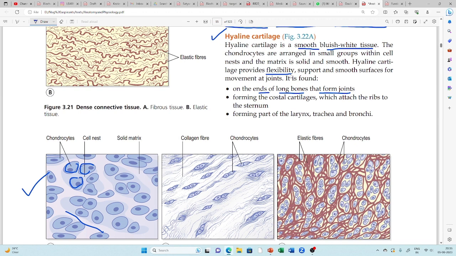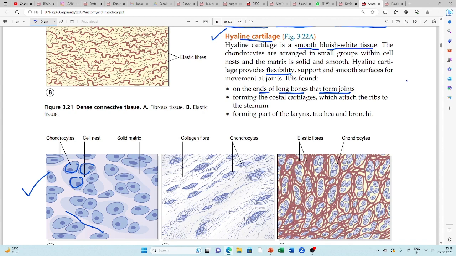In these joints we can see hyaline cartilage at the ends of long bones. For now just learn it by heart, but when you study the skeletal system, you will draw the structure of long bones and mark where hyaline cartilage is found.